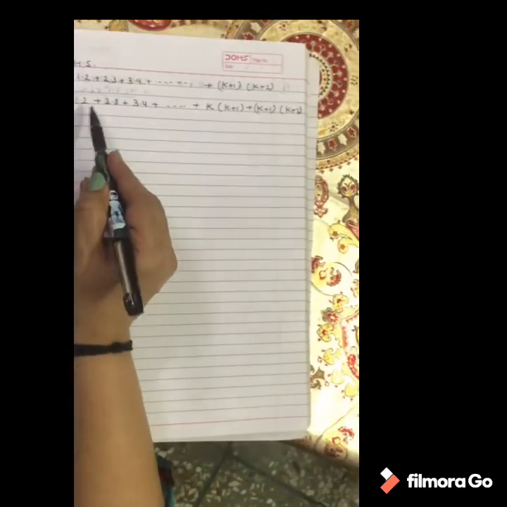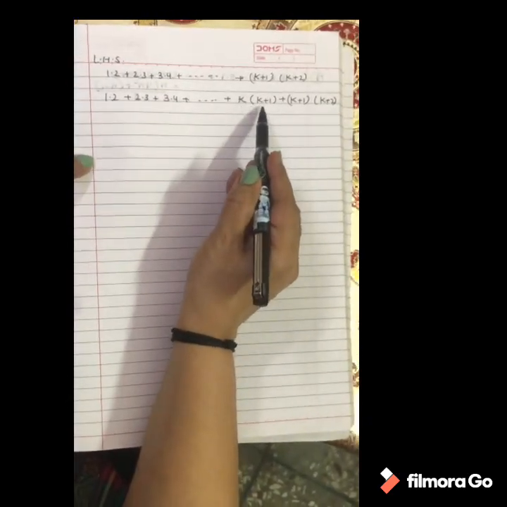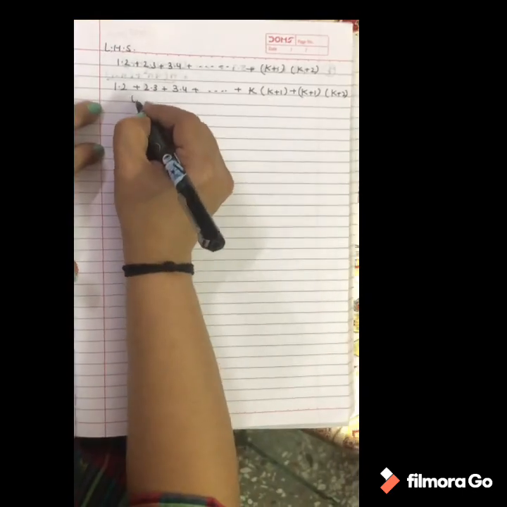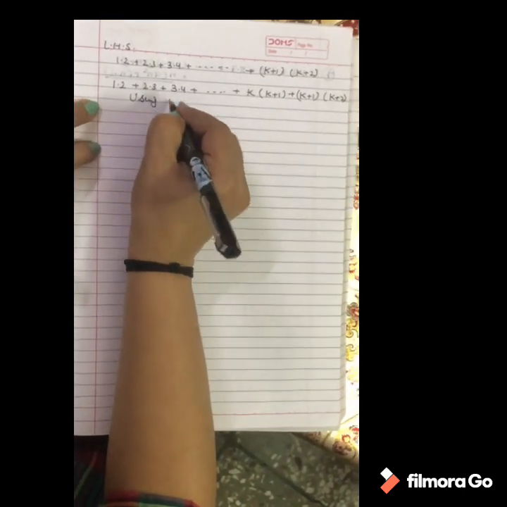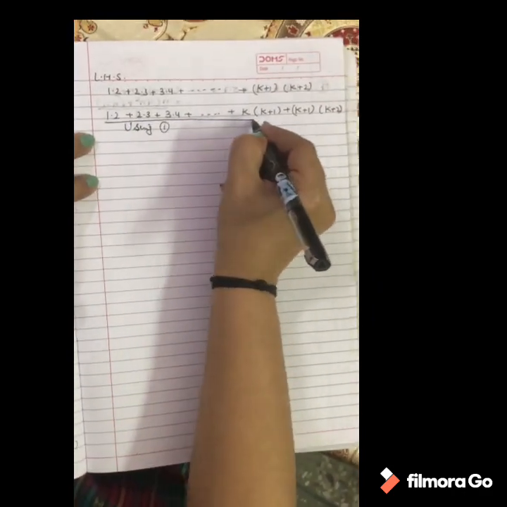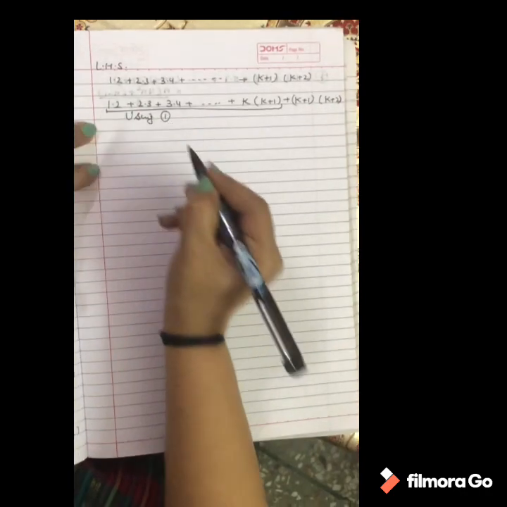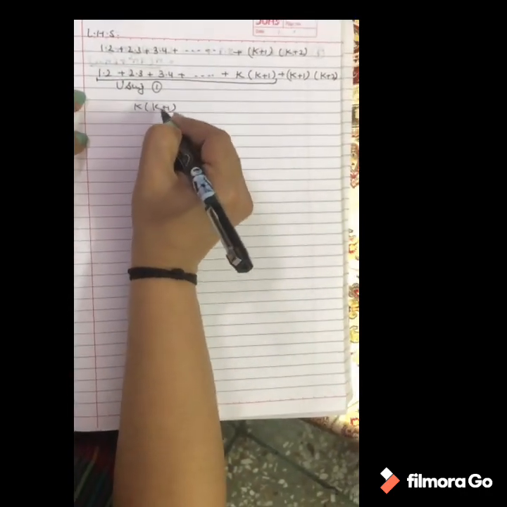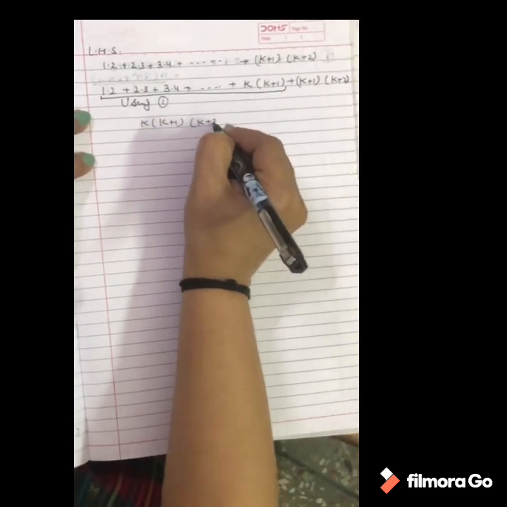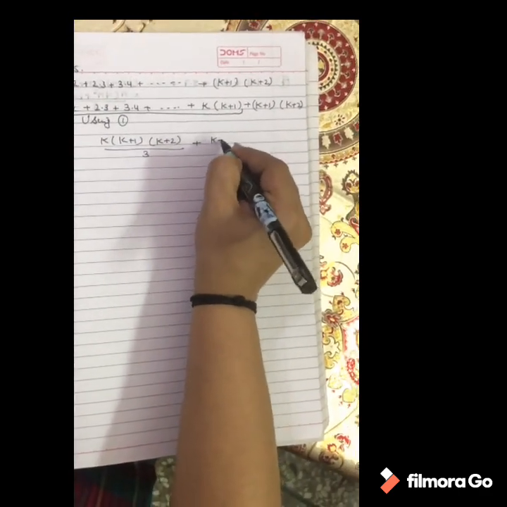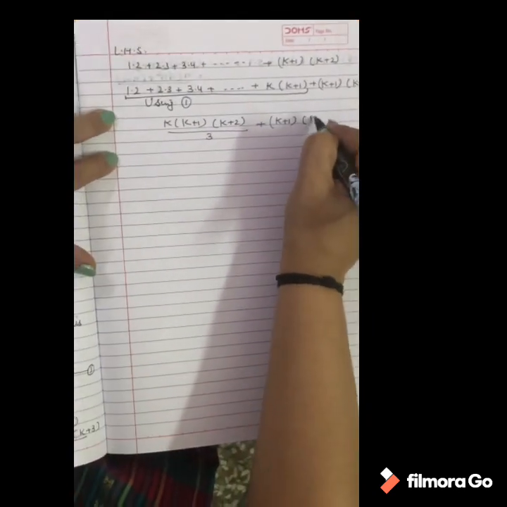We have the value of 1.2 up to k into (k+1) in equation 1. So using 1, you can put its value: k(k+1)(k+2)/3 plus (k+1)(k+2).